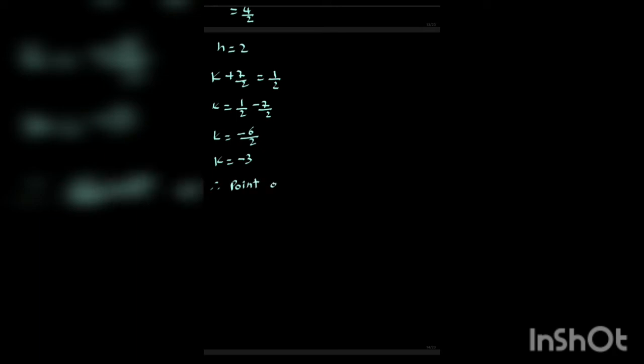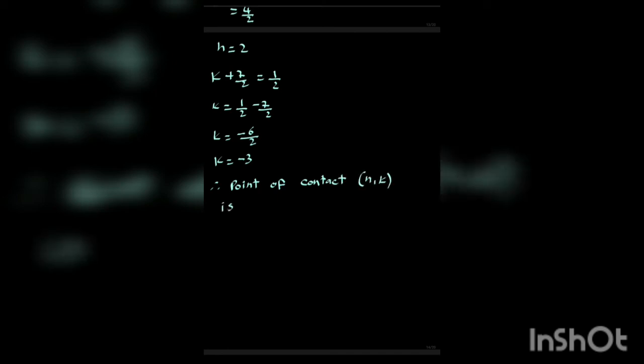So K is equal to minus 6 by 3. Sorry, 2. So K is equal to minus 3. So therefore point of contact h comma k is 2 comma minus 3.